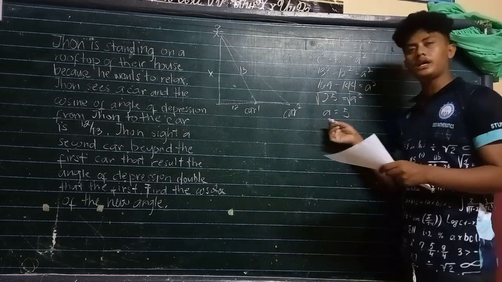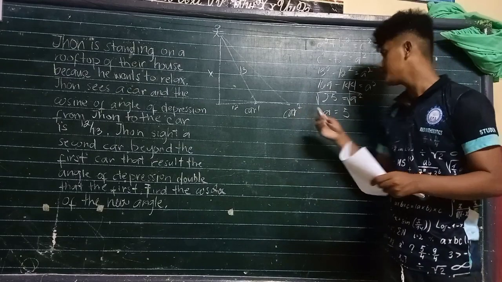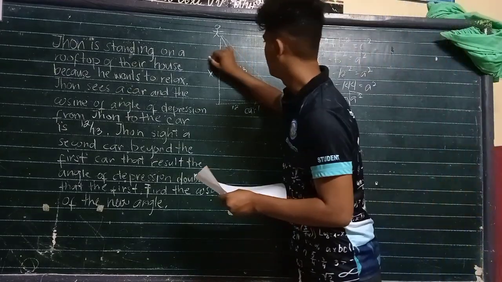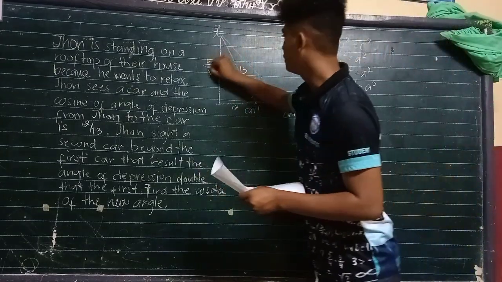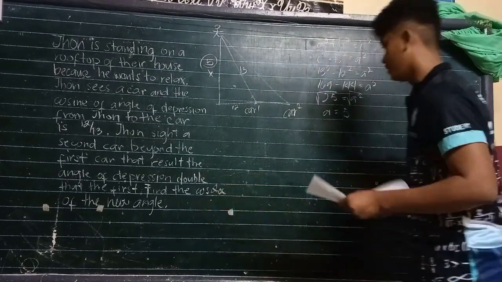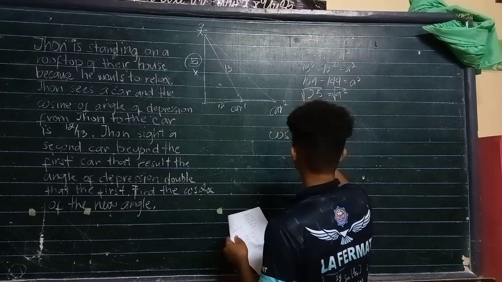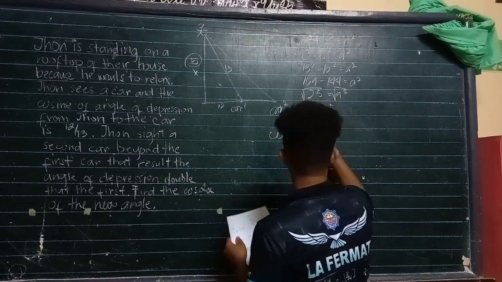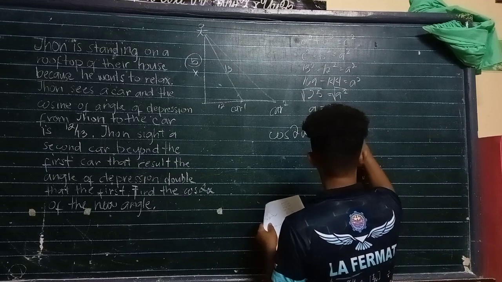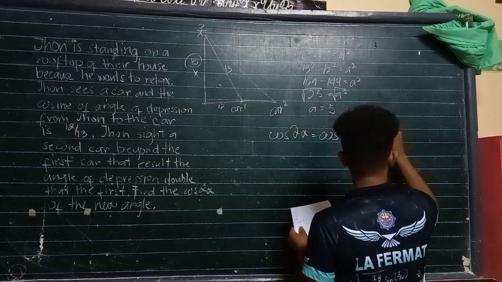Now that we found the opposite, or the x, we can now find the cos 2 alpha. So we can solve it. Cos 2 alpha is equal to cos squared alpha minus sin squared alpha.